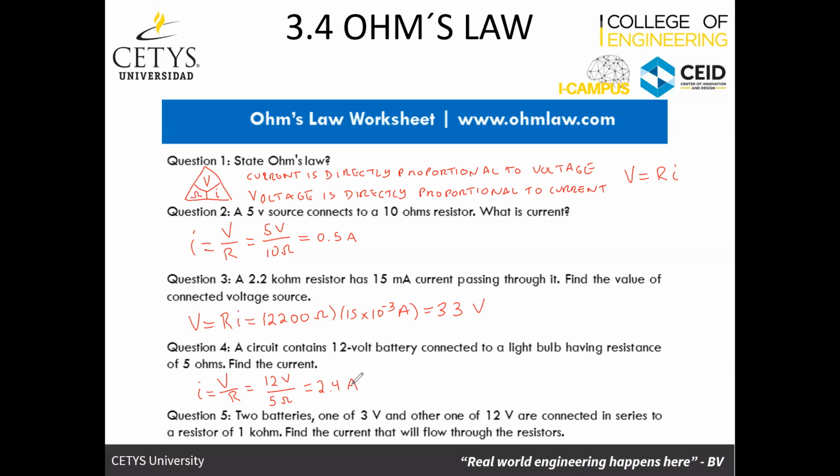For question number 5, it says we have 2 batteries. One is a 3-volt battery, and one is a 12-volt battery. They're connected in series, and they're connected to a 1 kilo ohm resistor. If the batteries are connected in series, what does that tell me? At least for voltage, the same principles that we saw with capacitance apply.